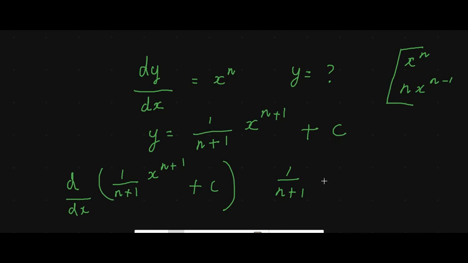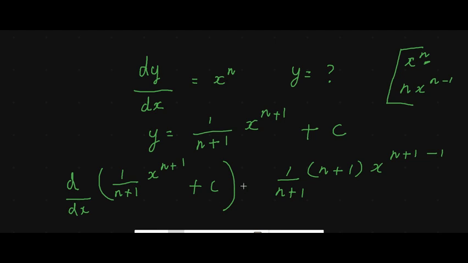Therefore, in this case, for x to the power of n plus 1, the n in the formula is n plus 1. Then multiply that by x to the power of n plus 1 minus 1. And obviously, the derivative of a constant is just 0.